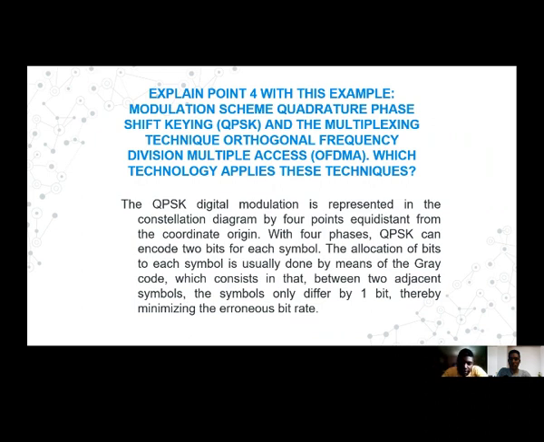With four phases, this digital modulation can encode 2 bits for each symbol. The allocation of bits to each symbol is usually done by means of the Gray code, which consists in that between two adjacent symbols, the symbols only differ by 1 bit, minimizing the erroneous bit rate.